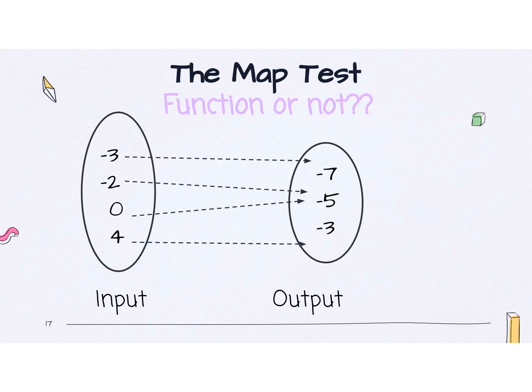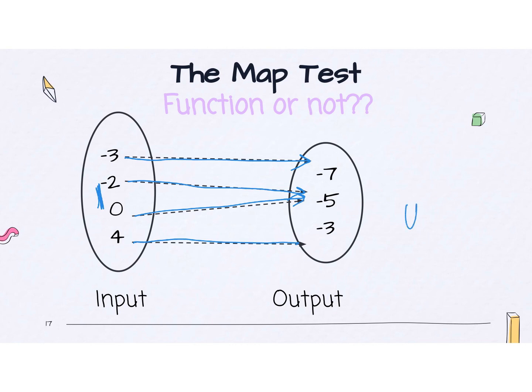All right, moving on. Function or not? All right, so -3 maps to 7. -2 maps to -5. 0 maps to -5. That's okay, right? Because these are 2 different unique inputs. 4 goes to -3.